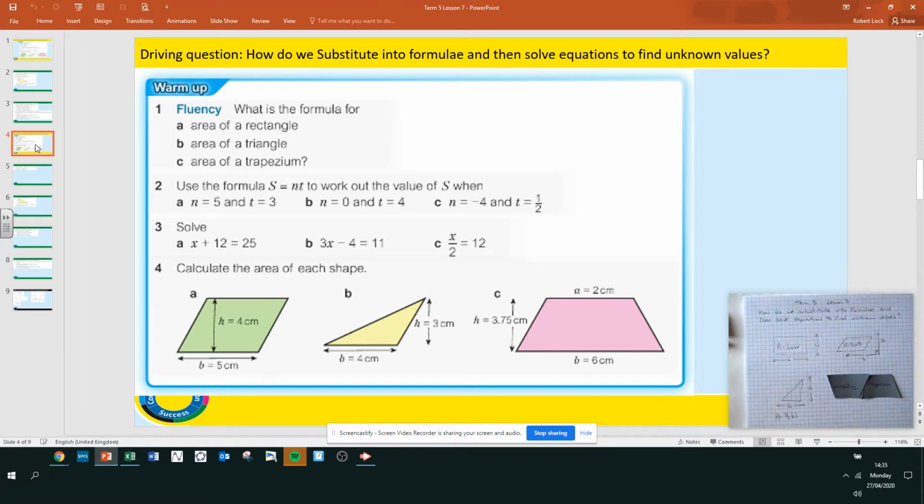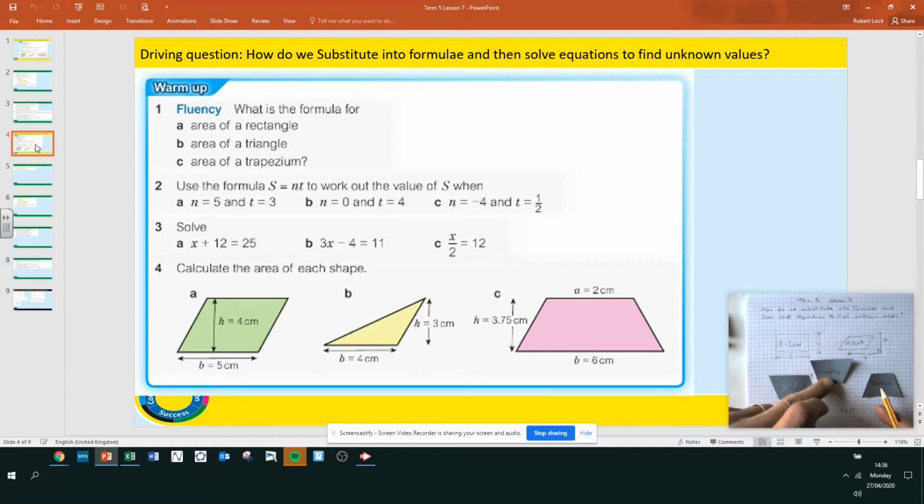Turn it around. Parallelogram. So these two trapeziums together make a parallelogram. The area of a parallelogram is base times perpendicular height. So we've got base times perpendicular height, but we've got two of them. So we take one away, we've got half. Do that again: take that one away, end up with half.